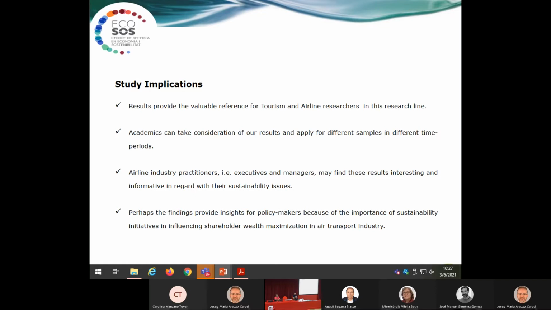In this aspect, this has implications. It doesn't mean that if we have a negative result, it is not going to be applied for the industry. It's giving them some insights and probably helping them in managerial decisions, not specifically whether it's positive, negative, or neutral.